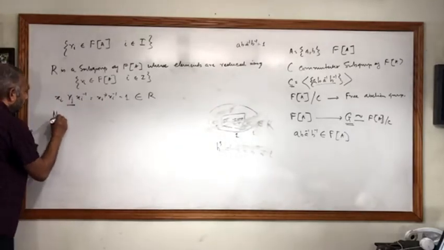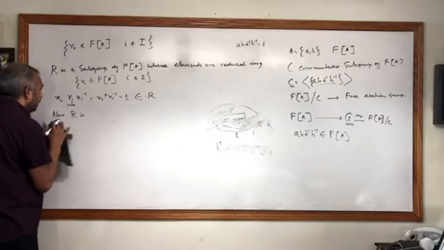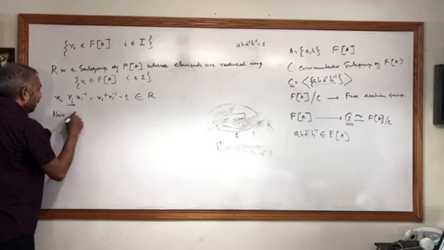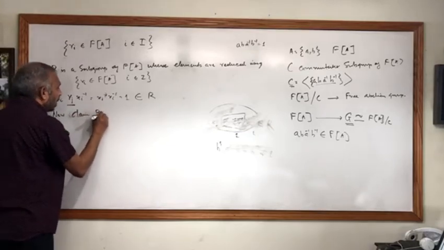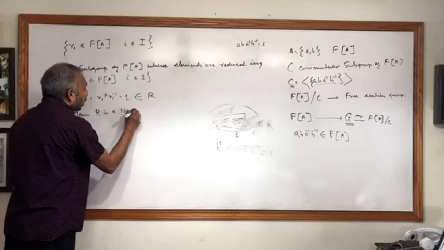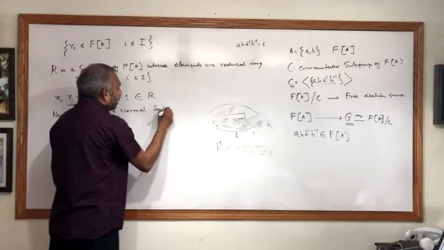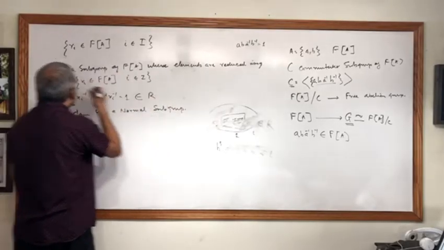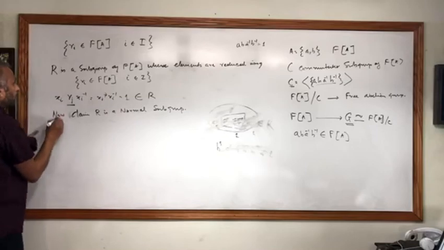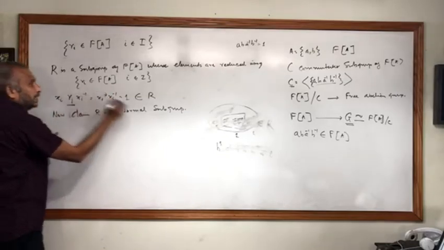Now, the claim is R is a normal subgroup. That is very clear because when you compute the elements of R, that is equal to 1.